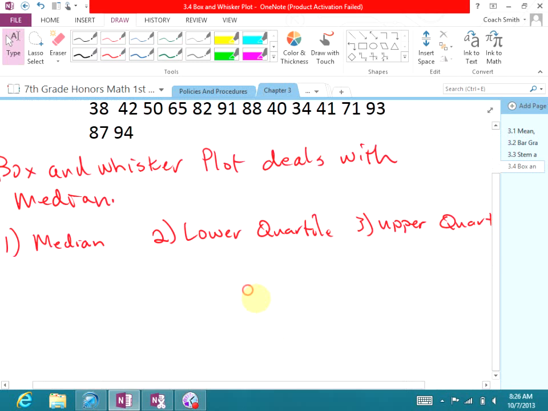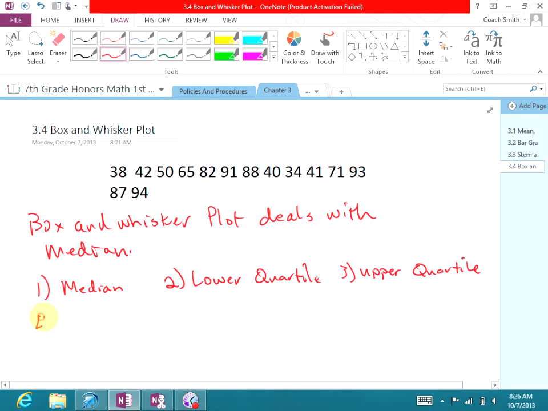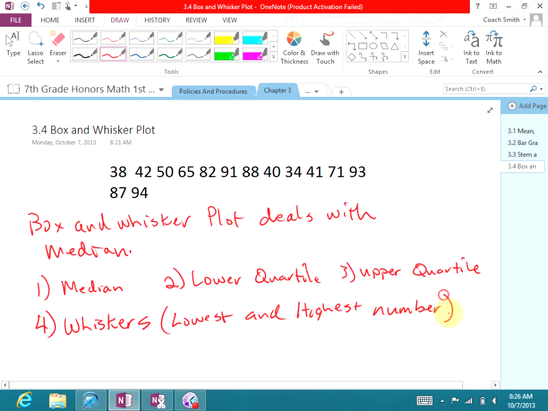Okay, so you're going to have the median, the lower quartile, the upper quartile, and the whiskers, and the whiskers are made up of 2 numbers, the lowest number and the highest number.